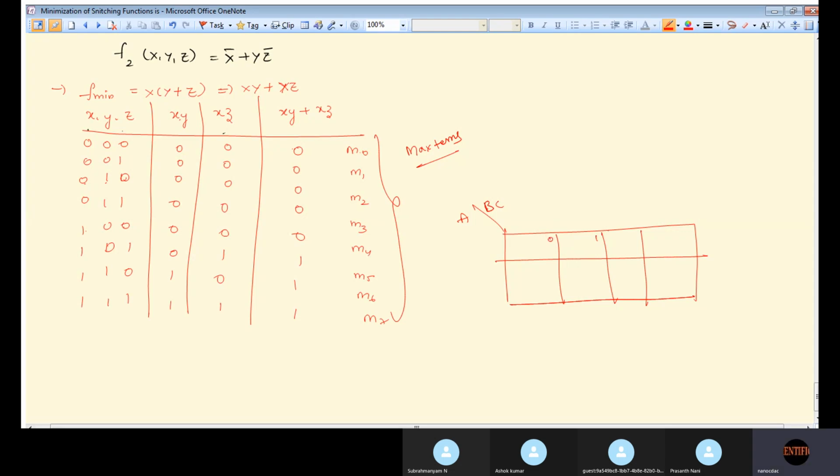This is 0, 1, 2 and 3, 4, 5 and here 6, 7. Where are the zeros? These are max terms, so replace with capital M.